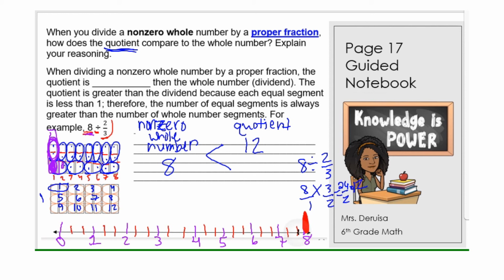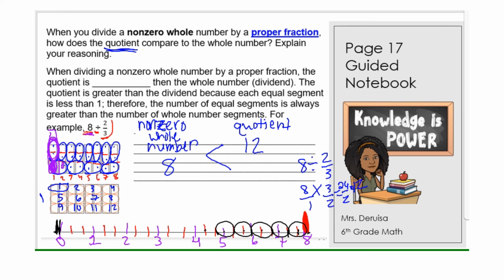So this is going to be 1/3, 2/3. That's one group. 2 sections of 1/3 make 2/3. 1/3, 2/3. That's another group. Now you have to repeat subtract until you get back to 0, because that means you're going to use all of the 8 wholes up and get the proper number of groups of 2/3 in 8.